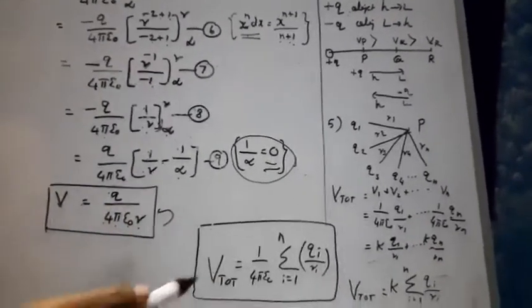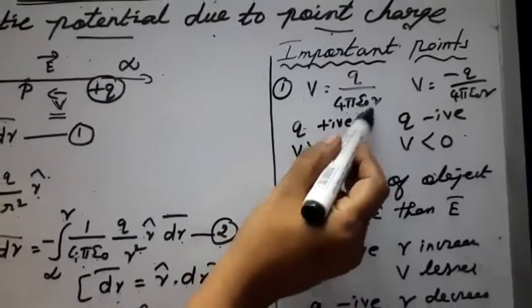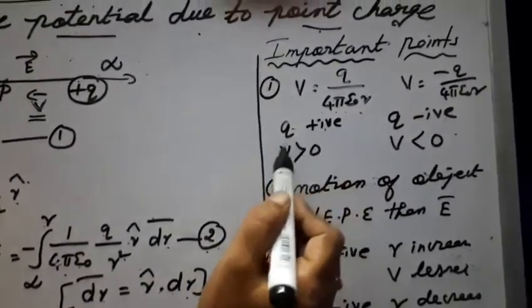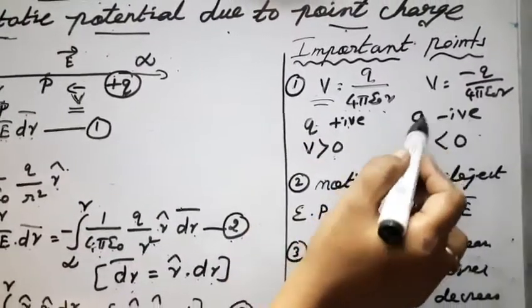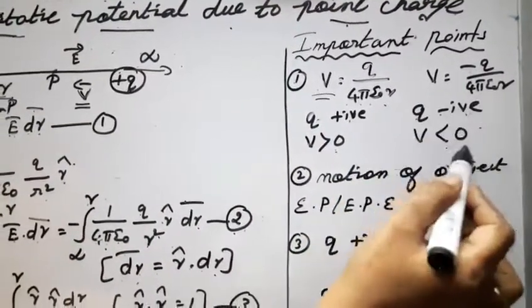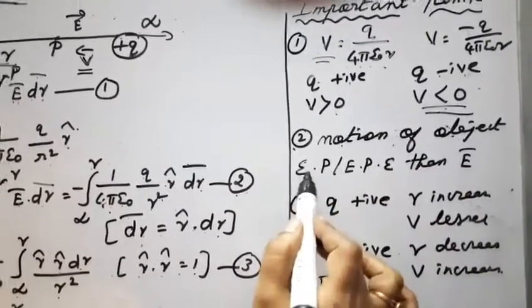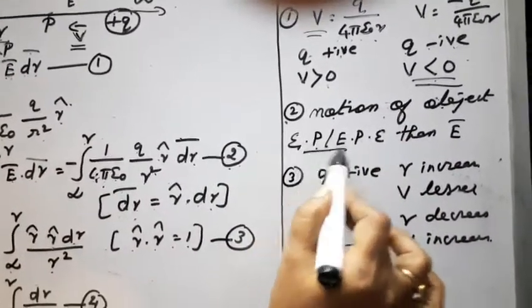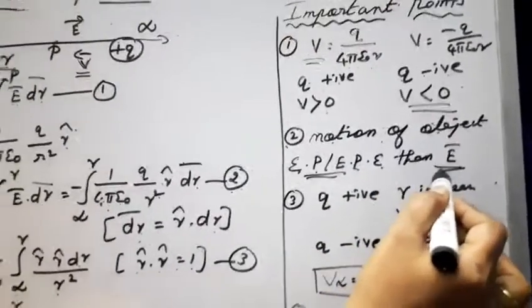Next we will see some important points. We know that V is q divided by 4 pi epsilon naught r. If Q is positive, then V is greater than 0, and if Q is negative, then V is less than 0. The second point concerns the motion of the object, electric potential or electric potential energy, compared with the electric field.